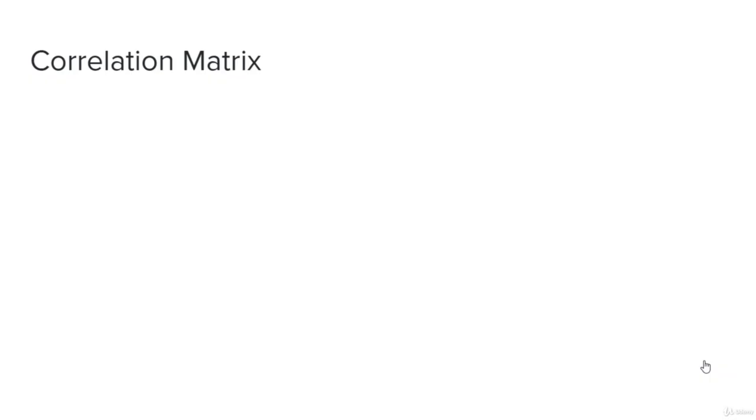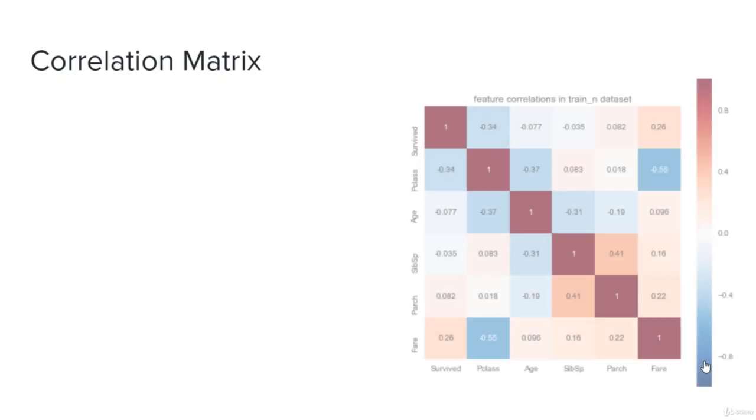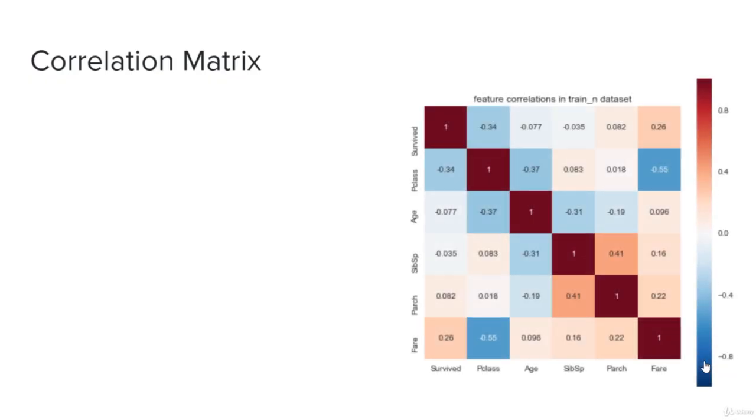The next one is the correlation matrix. Let's look at this. This figure represents a correlation matrix. As the name suggests, we are studying the correlation between features. How much are they correlated? We will go into the statistical and mathematical depth of correlation, what it represents, and how we can use these values to extract more information about the data.